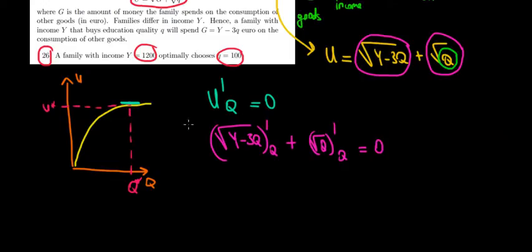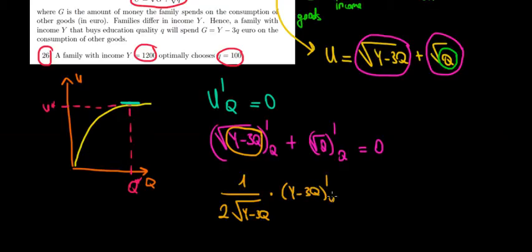Okay, now let's solve it. What do we have here? We can use the chain rule, because we have an expression of the quality, so we have to keep that in mind. We'll have 1 over 2 times the square root of y minus 3q, multiplied with the derivative of the chain, which will be the derivative of y minus 3q with respect to q, plus we're differentiating the square root of the quality with respect to q, which is 1 over 2 square root of q, equals 0.